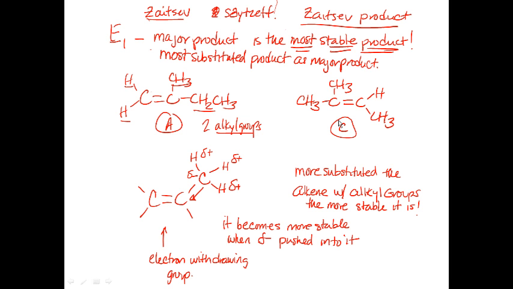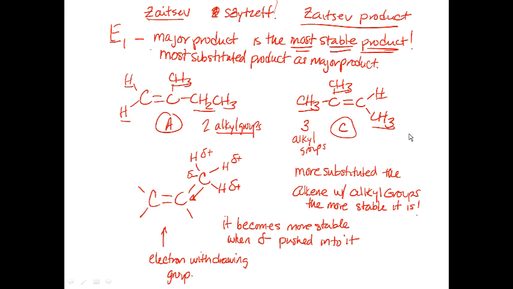How many alkyl groups are attached over here? If you said 3, you're correct. The methyl, the methyl, the methyl, and then there's a hydrogen that isn't an alkyl group. So what's the major product of the reaction? Product C.